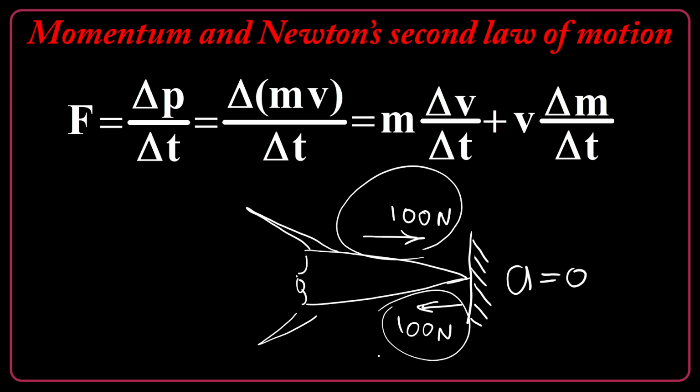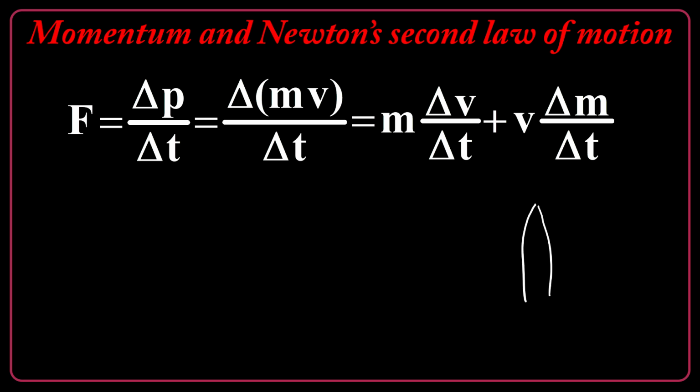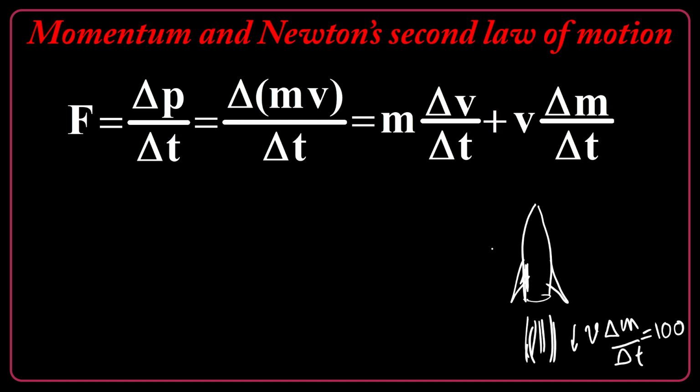Now let's consider this case. This is a rocket which is trying to lift up, but it can't. The engine is not strong enough to accelerate the rocket. What's the reason? The rocket is hovering but not accelerating. Actually, there is a v delta m over delta t of 100. Now let's say due to gravity, the rocket is lifting up from the ground.